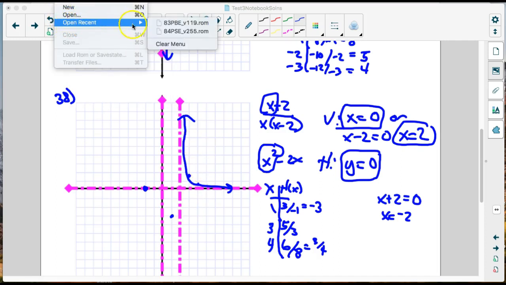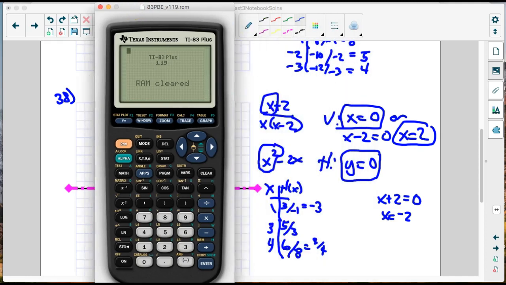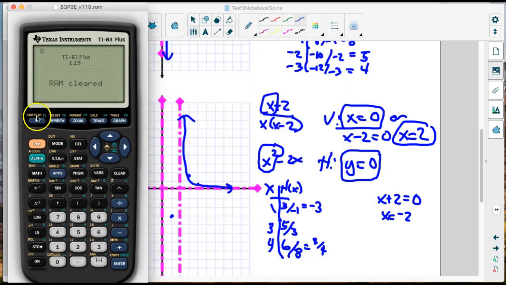So let's get out my 83, and we're going to put a function in here. So this is going to help me out a little bit. So I'm going to plug the function in here, x plus 2 divided by, so this one's a little bit more difficult, so I'm going to put it in the calculator, x times x minus 2.